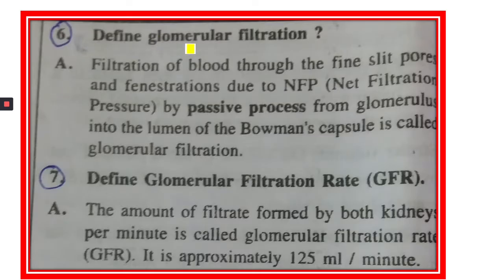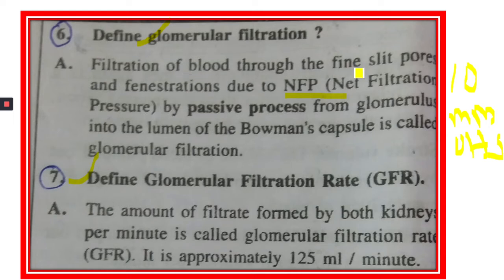What is glomerular filtration? Very important. It is the filtration of blood through the fine slit pores and fenestrations due to net filtration pressure. What is the net filtration pressure? It is 10 mm Hg, mercury.